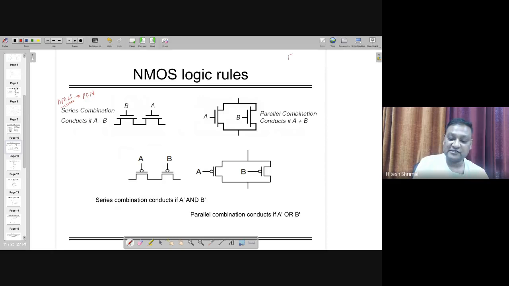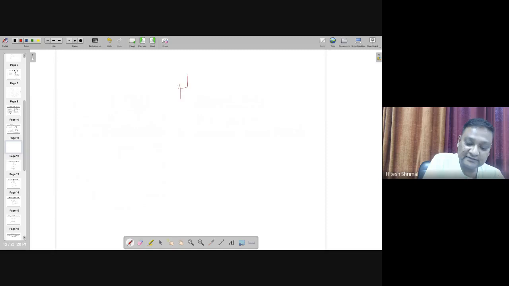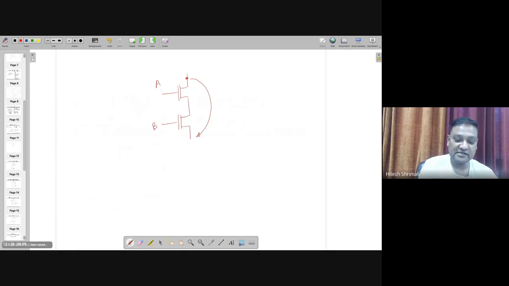If the function says you have to make A times B and implement it using NMOS, then there are 2 NMOS transistors whose gates are connected to A and B. If A and B are both 1, then whatever is available here goes to here. That means when A and B are both on, whatever is available at the source side goes to the drain. Notably, source and drain are interchangeable.